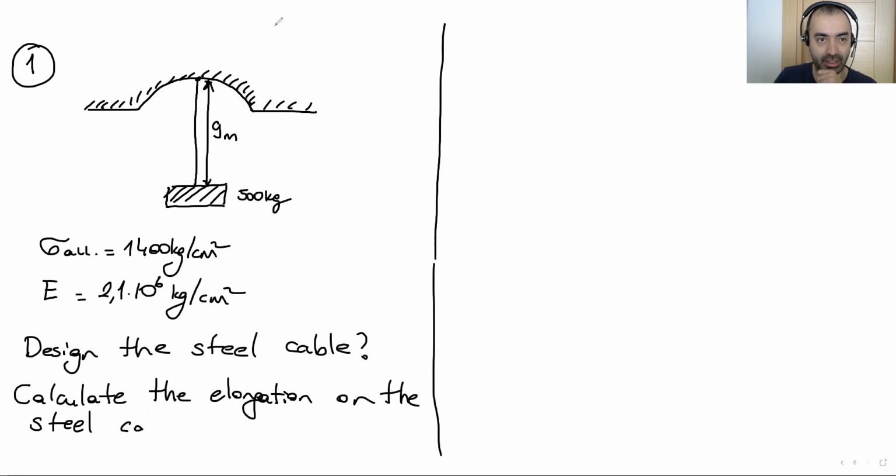Let me, instead of the cable, that's gonna be good. Steel round section, and calculate on the steel member. Okay.